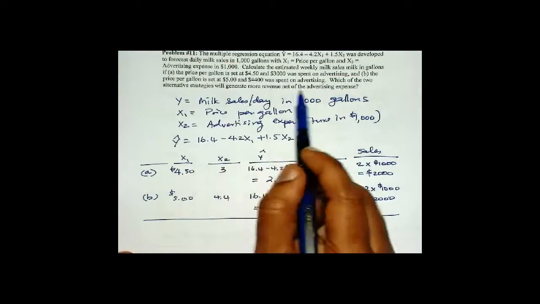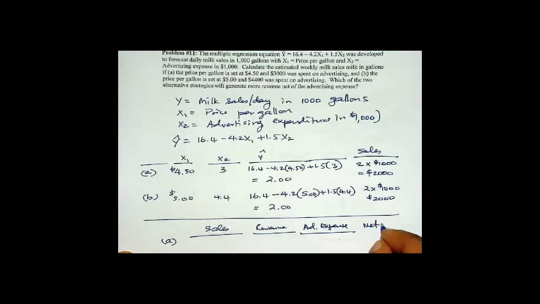But we are also asked which of the two alternative strategies will generate more revenue. So we have A: sales, revenue, advertisement expense, and then net revenue. Okay. So for A, sales is 2,000 gallons.